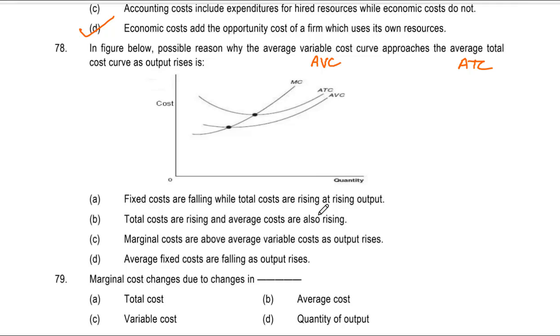C. Marginal cost is above average variable cost as output rises. Or D. Average fixed costs are falling as output rises. It is D. AFC is falling as output rises, and because AFC is falling, that is why the average variable cost curve approaches the average total cost curve as output rises.